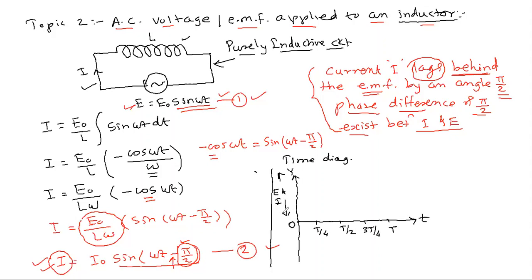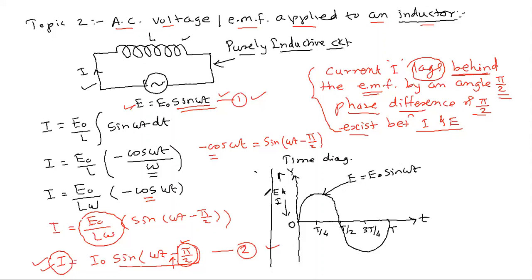And now we'll represent here the relation between the peak value of the current and the EMF. So I can draw the EMF like this, where E is equal to E naught sine of omega t.